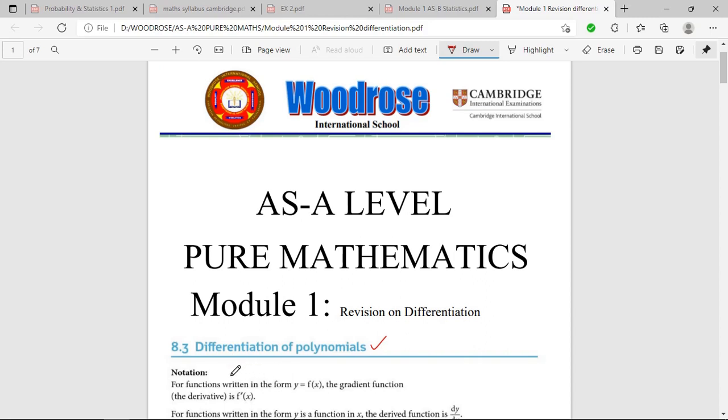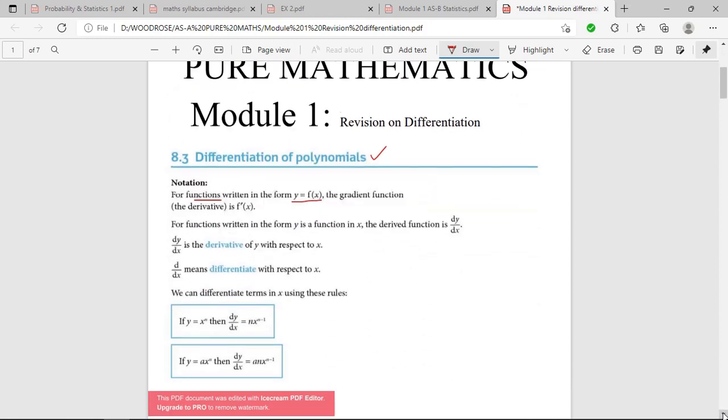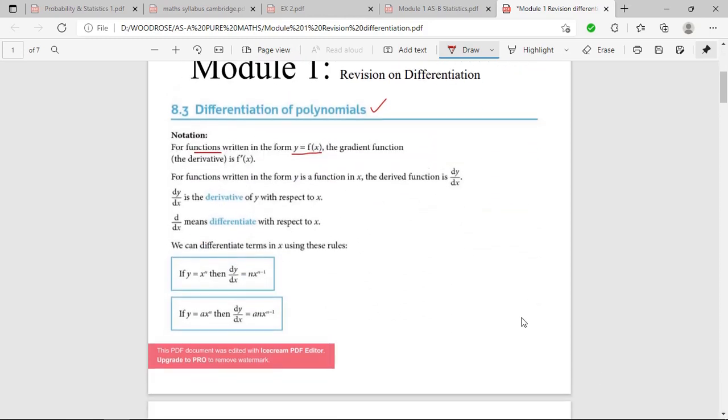So you must know the notation. We have the function. The function is in the form y is equal to f of x. So y can be denoted by f of x. Then we have the gradient function. The gradient function is known as the derivative. The derivative is denoted by dy over dx.